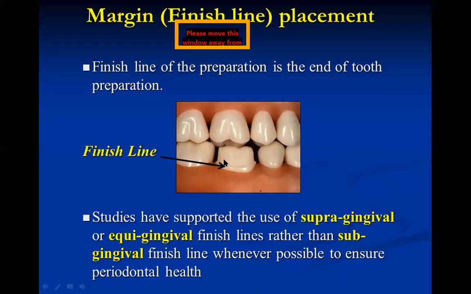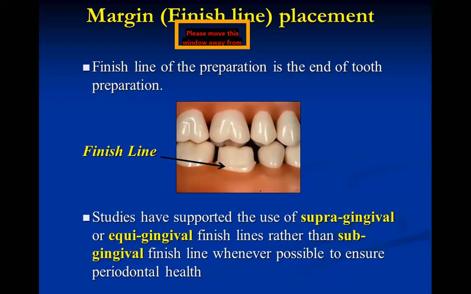Now, where are we going to put our finishing lines in relation to the gingiva or the gingival tissue? We have three types of finishing lines, or three possibilities of placement of margins on the tooth structure according to the relation to the gingiva.